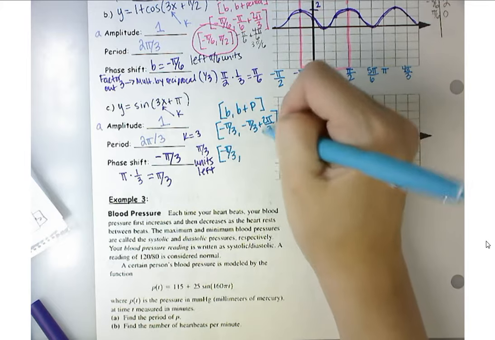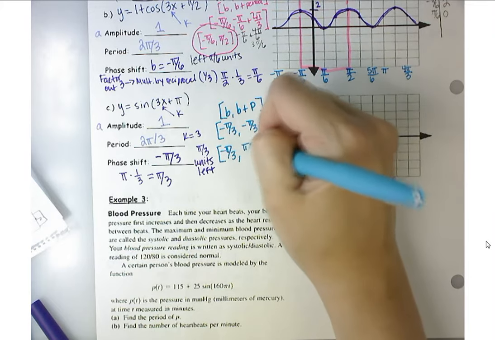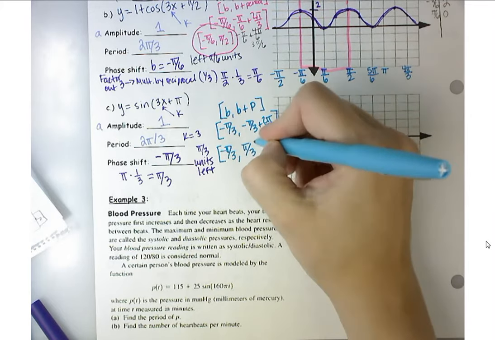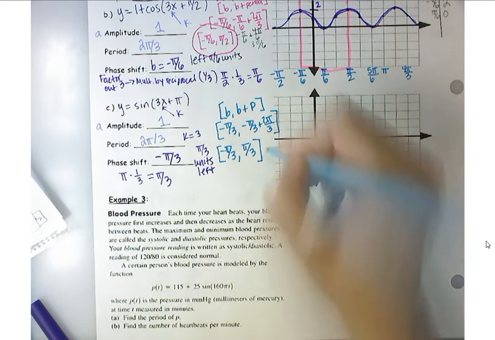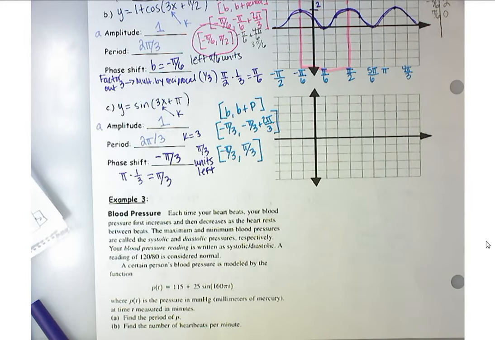So negative pi over 3 plus 2 pi over 3 is just pi over 3. Okay, so you can go by pi over 3 on your scale. If you guys wanted to spread it out to every other one, you could do that too.